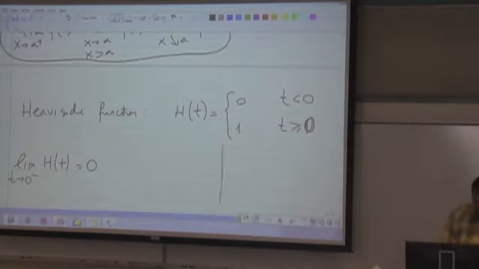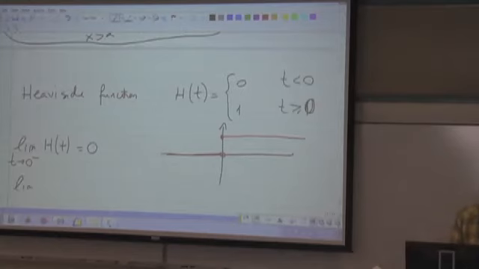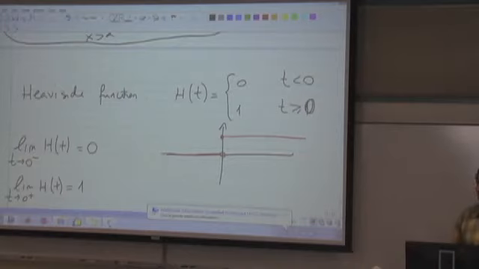The graph of h of t looks like this, since you said no. Right? Everybody sees that's the graph? We talked about piecewise functions before. So now, what is the limit as t goes to 0 plus of h of t? 1. Everybody sees that? Okay.